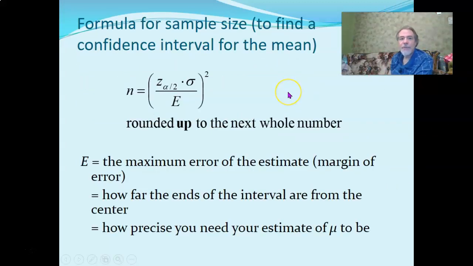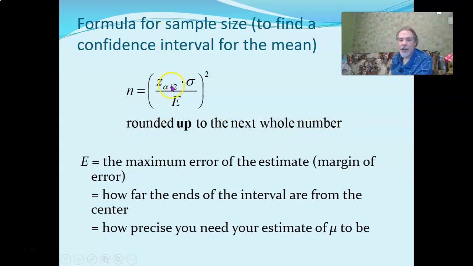So here is the formula for the sample size to find a confidence interval for the mean. It says n equals, and then in parentheses, z sub alpha over 2 times sigma divided by E, and then the quantity is squared, and then you're supposed to take what that formula gives you and round up to the next whole number.